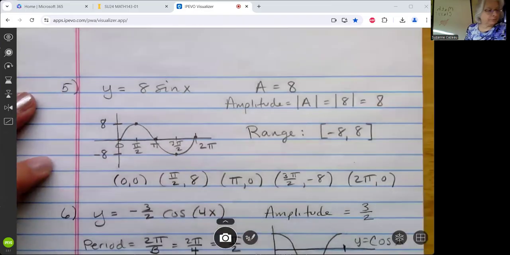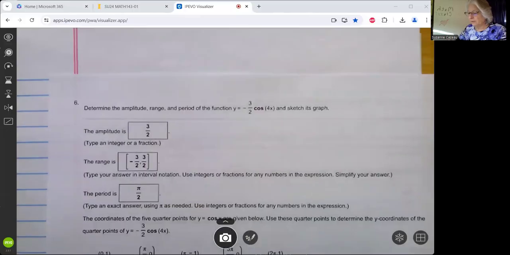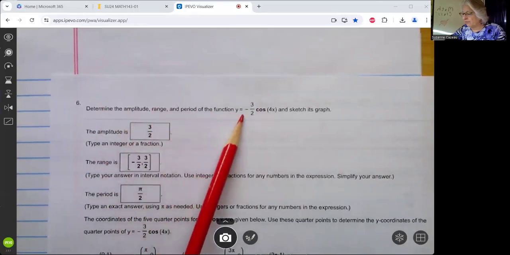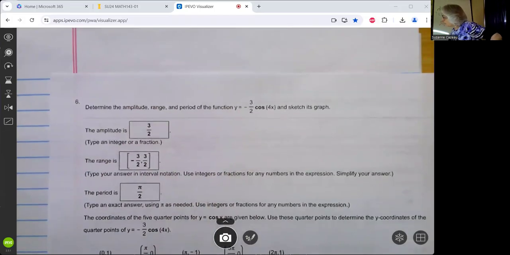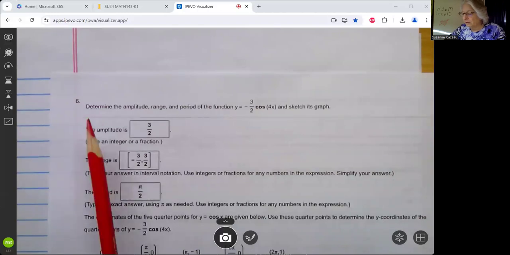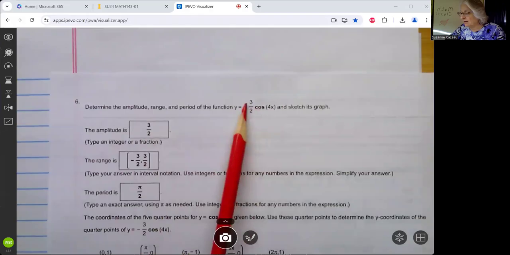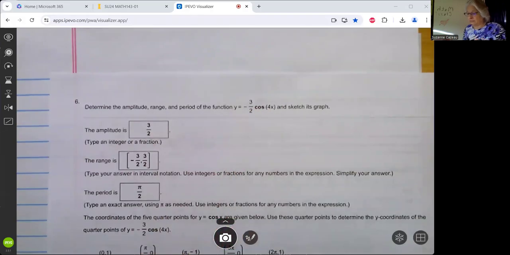All right. Number 6. Determine the amplitude, range, and period of the function y equals -3/2 cosine of 4x, and then graph it.